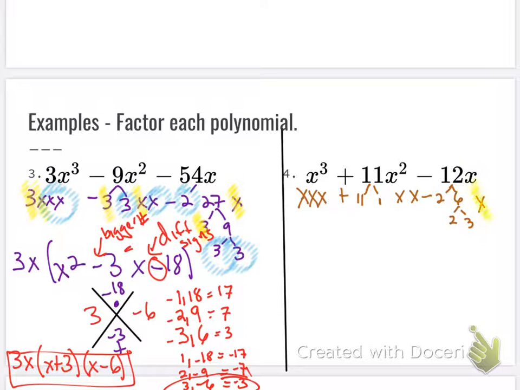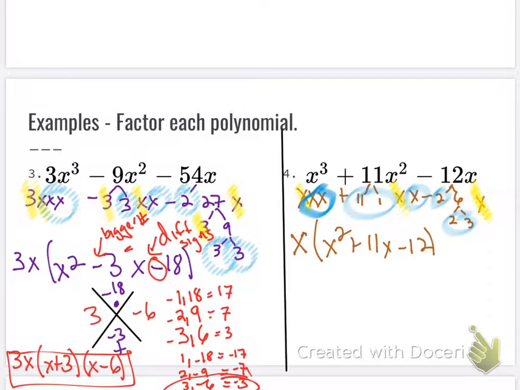The last one only has one x, so all we can do is take out an x. So our GCF is going to be x. And then remember, now we write what's left over. So x times x, which is x squared. And then we have 11 times 1, so that's 11. We're left with just an x there, so 11x. And then back here we have no variable, so it's just the 3 times 2, which is 6, times 2, which is 12.